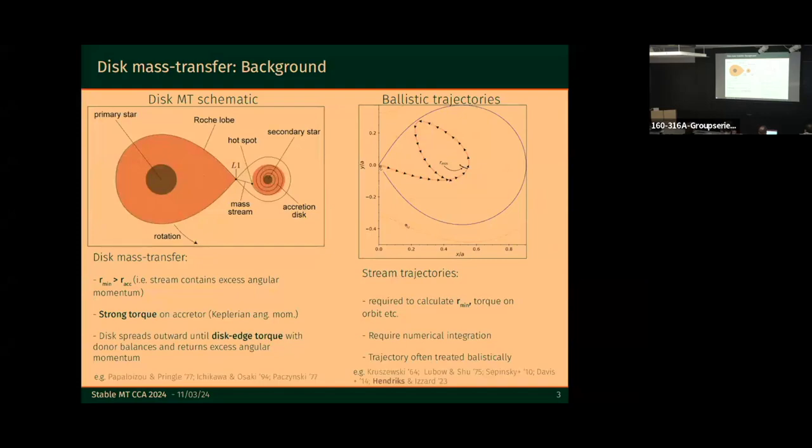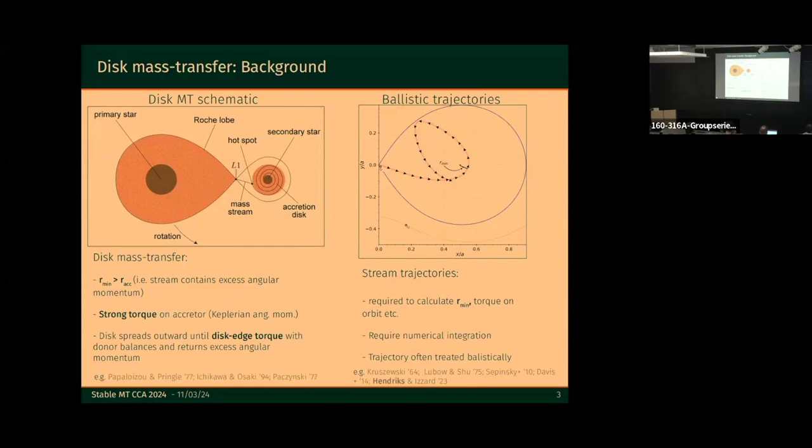Specifically, the size of the accretor has to be smaller than the radius of minimal approach of the stream. If mass transfer via disk occurs, there's a very strong torque, and this disk will spread outwards until the torque between the outer edge of the disk and the orbit equals, and then they start transferring angular momentum between them.